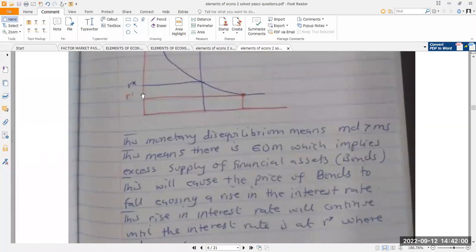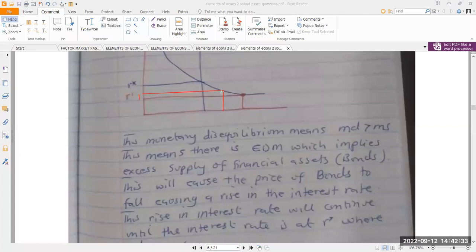So this mechanism will keep on happening until interest rate gets back to R star. And by the time we get there, demand for money will exactly be equal to supply of money. But this is not a one-time thing. It's possible that initially the fall in the price of bonds will lead to this small increase in interest rate. So the interest rate will move from here up to this point.